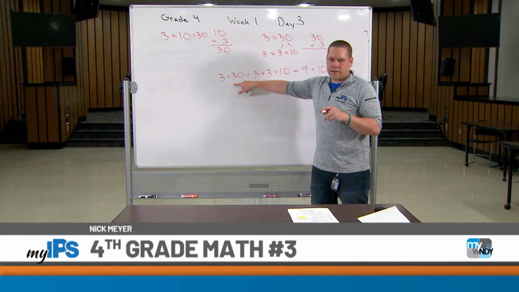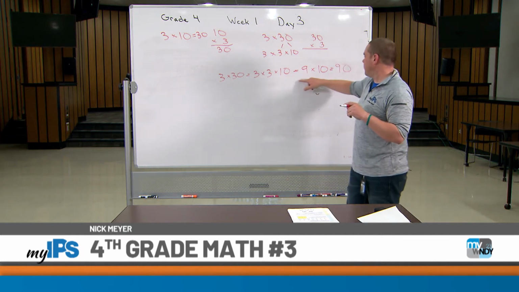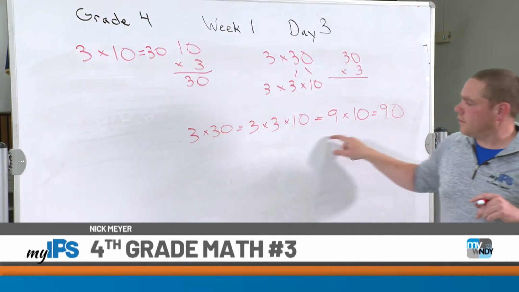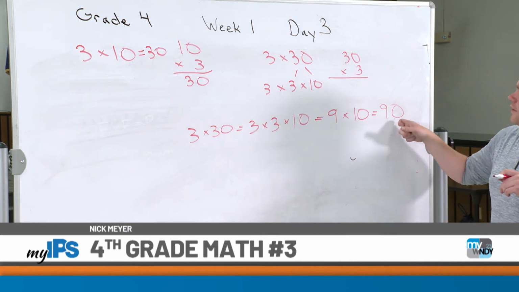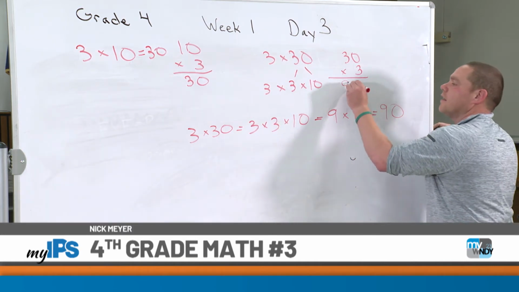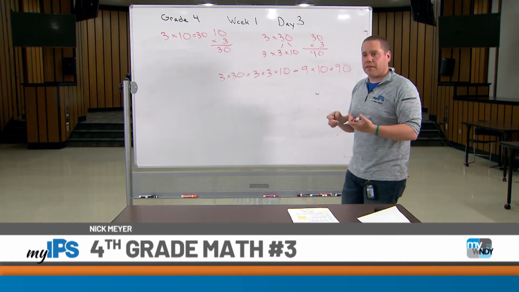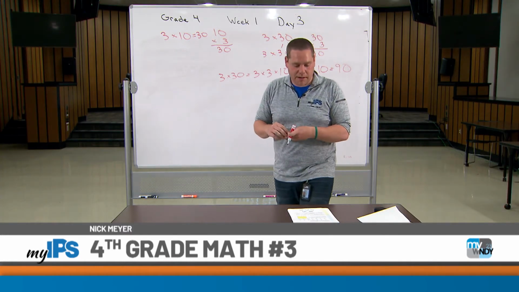All of these across here are equivalent expressions. Each one of those is an equivalent. The whole sentence there is completely equivalent all the way across. That equals 90. That flexibility is going to help us do things in our head with more complex problems.